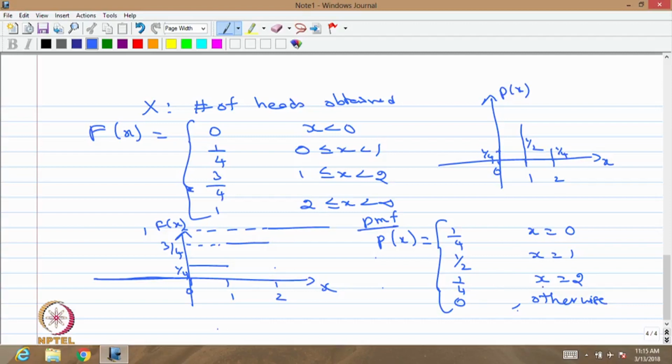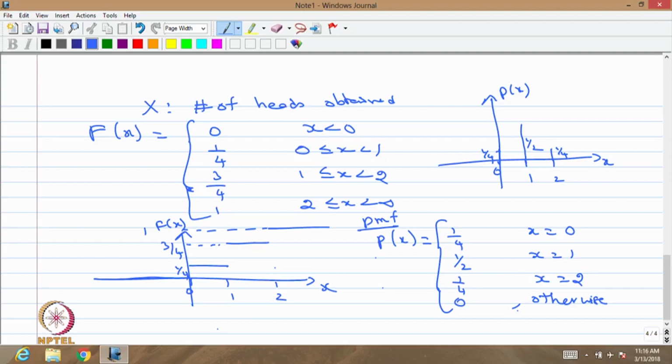In general, you may have a CDF with a finite number of jumps or a countably infinite number of jumps, and one can find the probability mass function of that discrete type random variable also. So, this is a very easy example in which we can represent the CDF first.